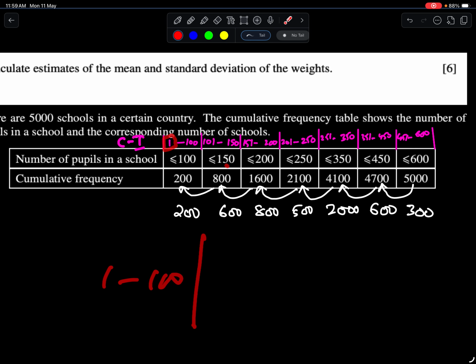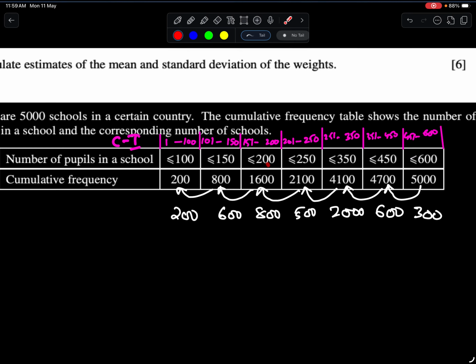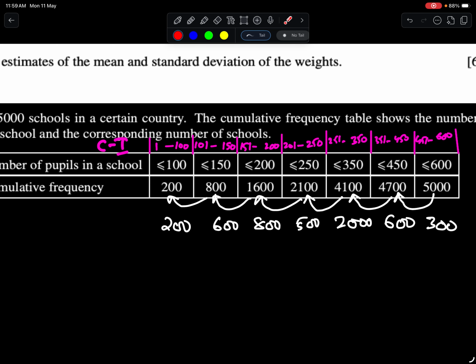The next one is 150, then this is inclusive here, so write 101. Then 151 to next value 200. This is the way to make class intervals for frequency distributions. This data is discrete and this is inclusive. So first value must be 1. And this is the way to get frequencies. This minus this minus this, and so on.